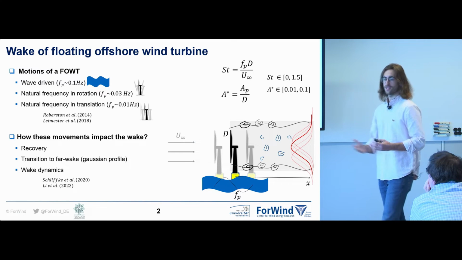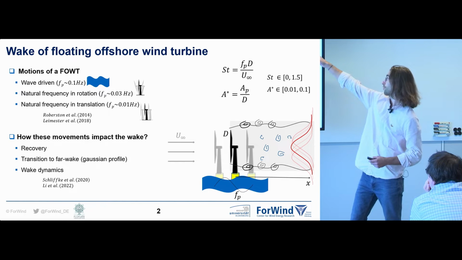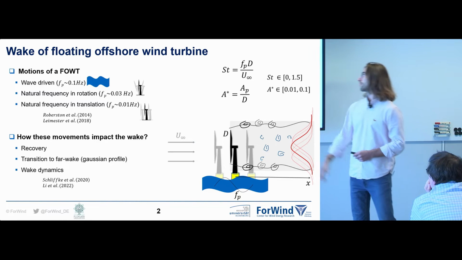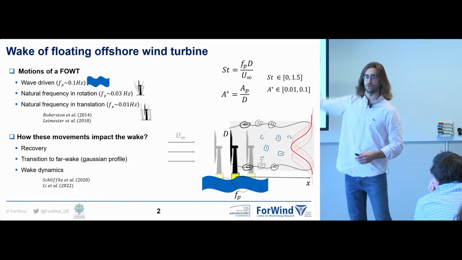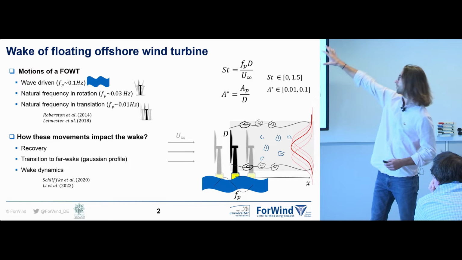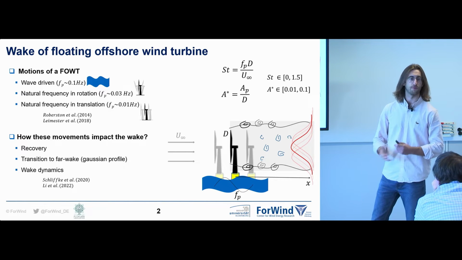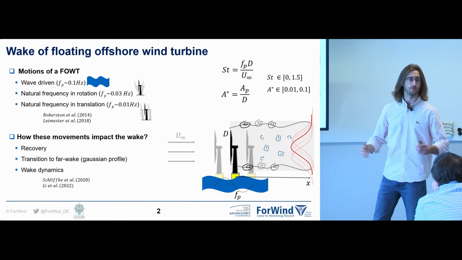And if we express all these numbers in non-dimensional terms, we can use the Strouhal number here and also express the amplitudes of this motion based on the diameter of the rotor. To give an overall picture, it covers around Strouhal between 0 and 1.5 overall, and amplitude between 1 and 10% of the rotor diameter.